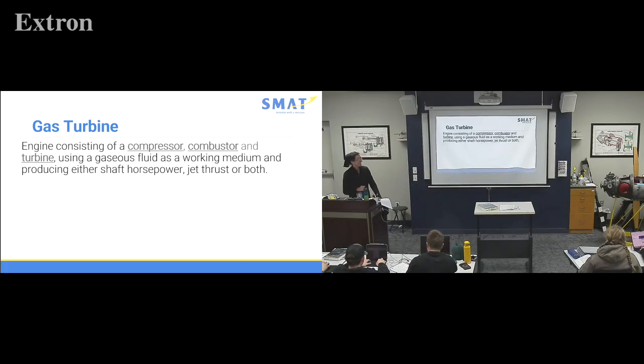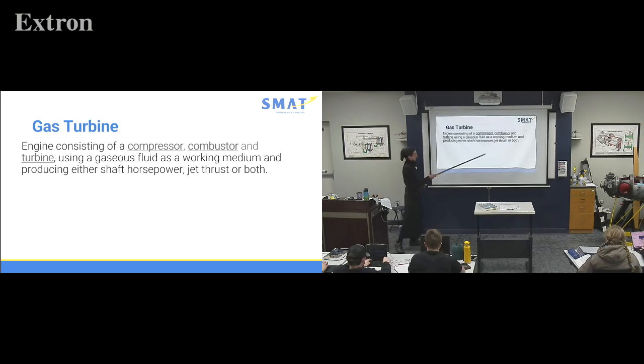Yes, compressor, combustor, turbine, and using a gaseous fluid as a working medium, producing either shaft horsepower. What kind of aircraft would that be on? Turboprop or helicopter.